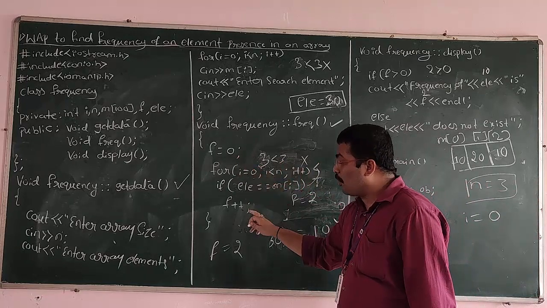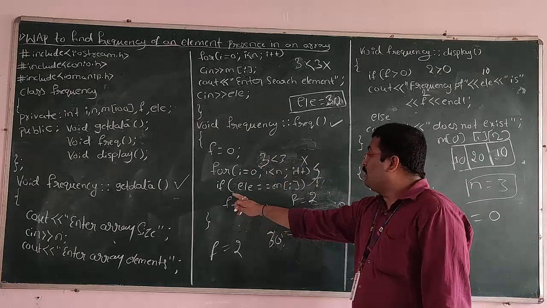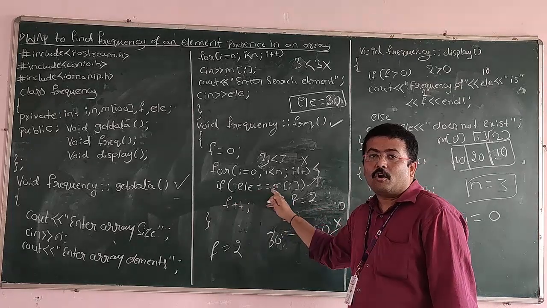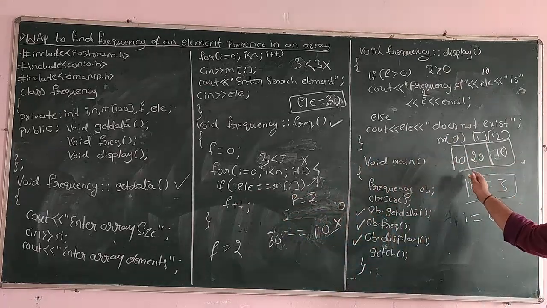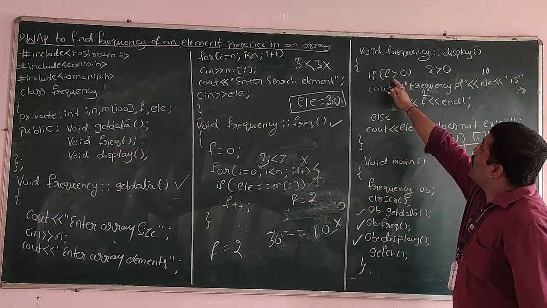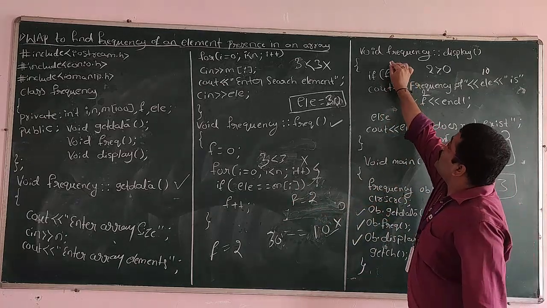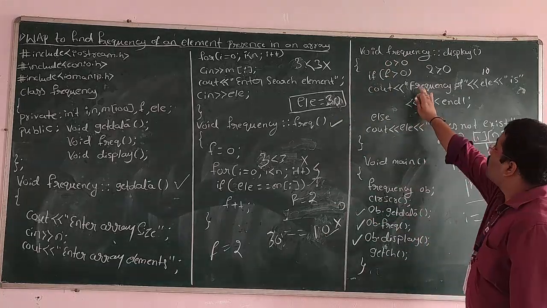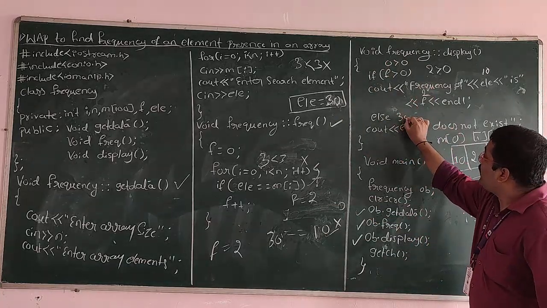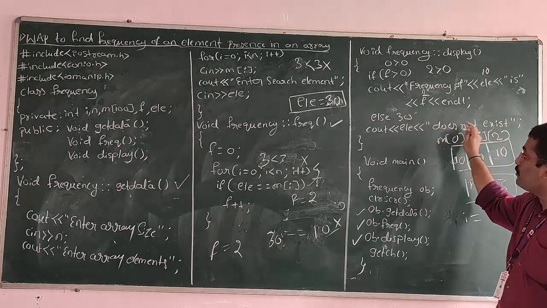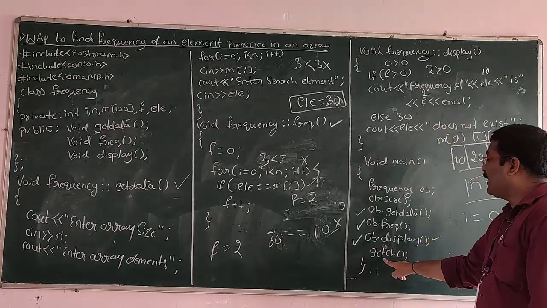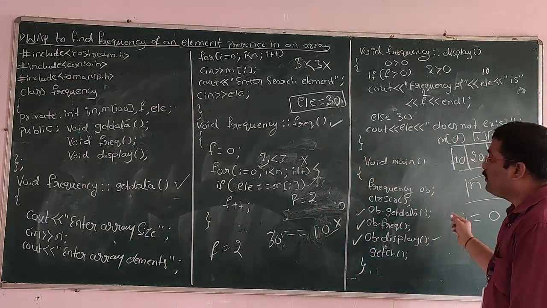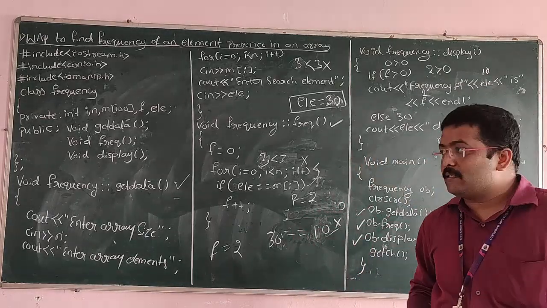So the f value is not incremented here, because the if statement is not satisfied and the search element is not present in the given array. Again the statement: if f is greater than 0, is 0 greater than 0? No, the condition becomes false, so it will print that 30 does not exist. So here it comes to an end, and the getch function is used to display the output without pressing any other keys. Thank you.